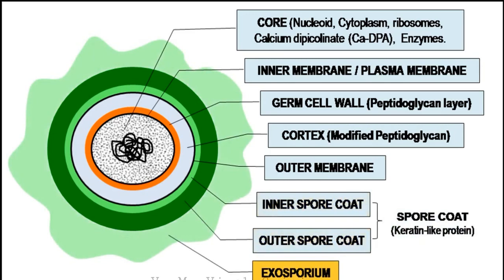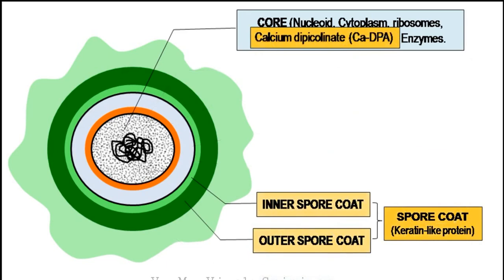Among this, the calcium dipicholinic acid inside the core and the keratin-rich spore coat are the important constituents that play a major role for the resistance of the bacterial spore.